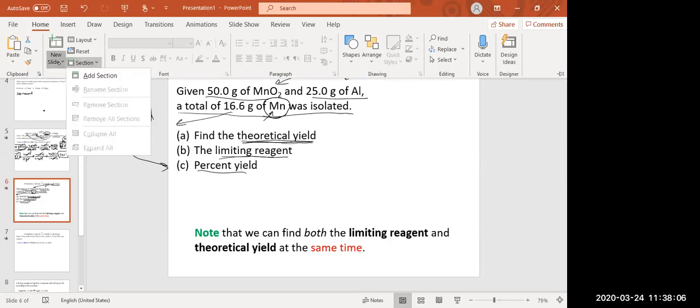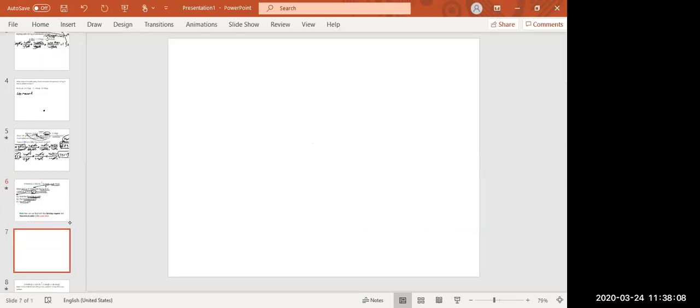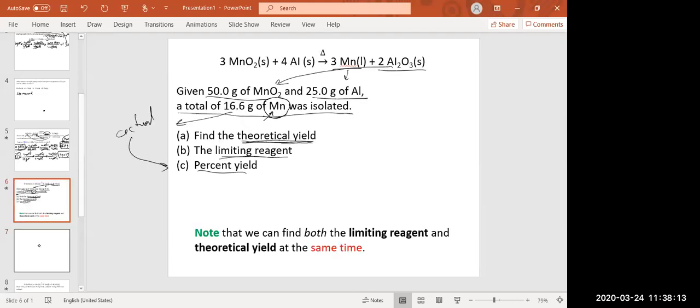Okay, let's add a new slide here. So look here, we have 50 gram MnO2.